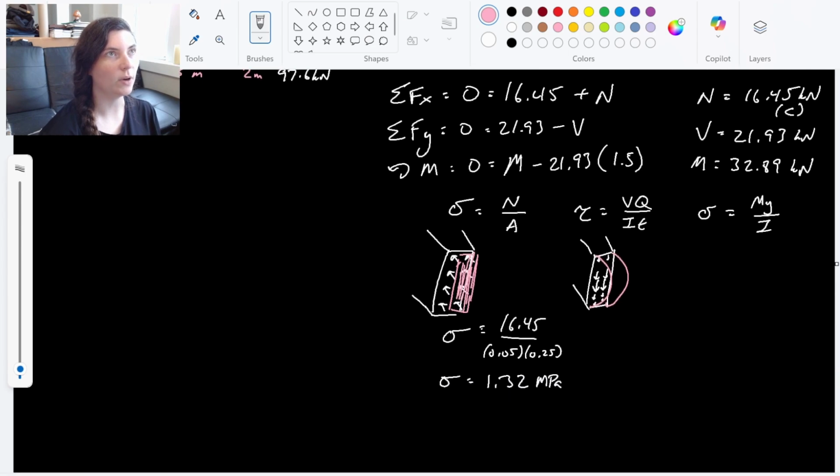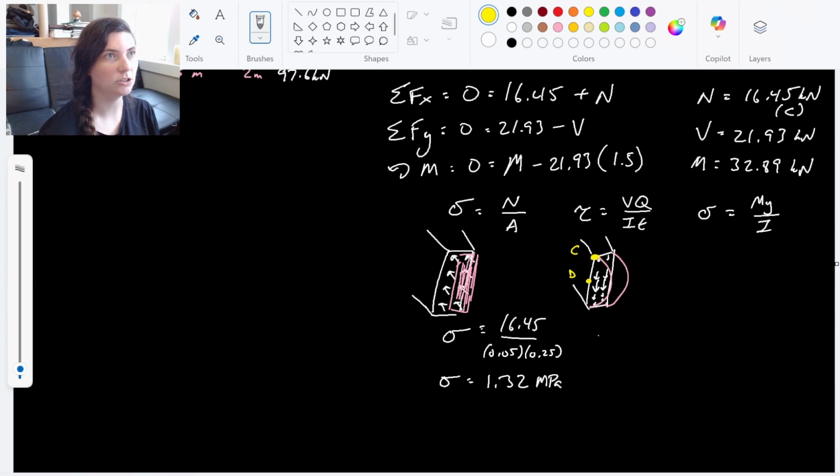So if I'm looking at point C, there's actually no shear stress there, which makes sense because there's no value for Q at point C. Remember, Q is that area times the centroid, but there's no area above point C. It's on the very edge, so it has to be 0.